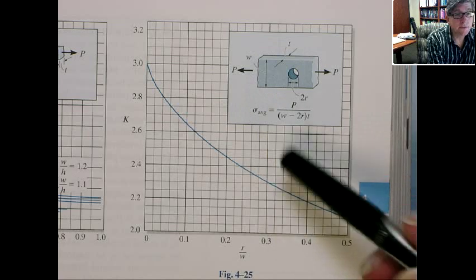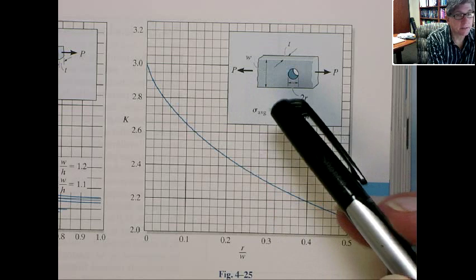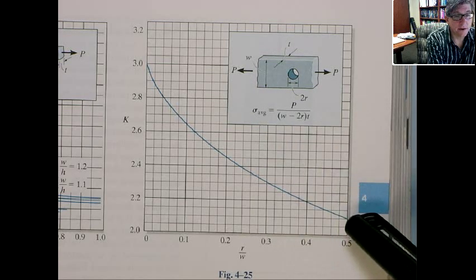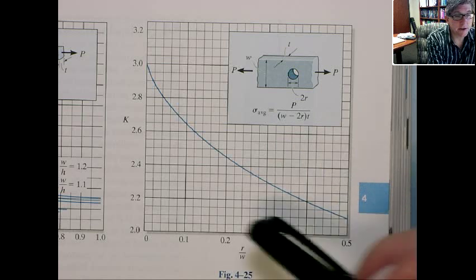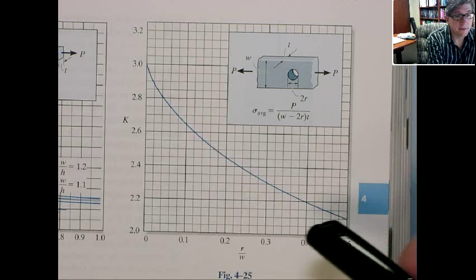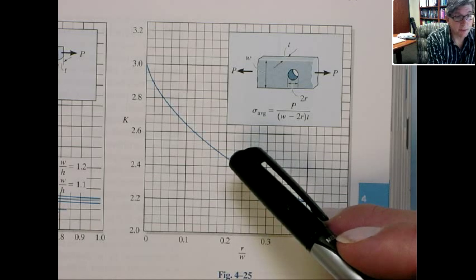So if the radius of the hole is half the height of the plate, 0.5, you're over here, and that means the stress concentration factor is about 2.1, all right? If it's at about a quarter, you're about 2.45, all right? So you can look up K.